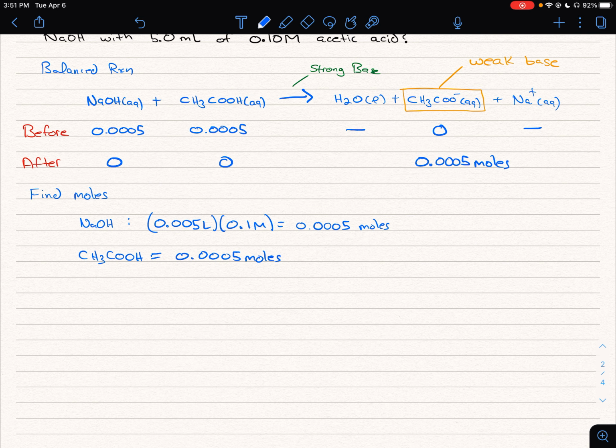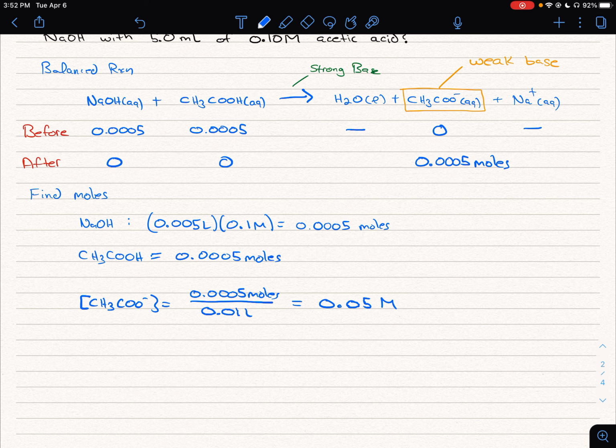What we now need to do is convert that into our concentration, right? So we're going to find the concentration of CH3COO minus, which is the 0.0005 moles divided by the total volume, which in this case is 10 milliliters or 0.01 liters. And so our initial concentration is 0.05 molar.